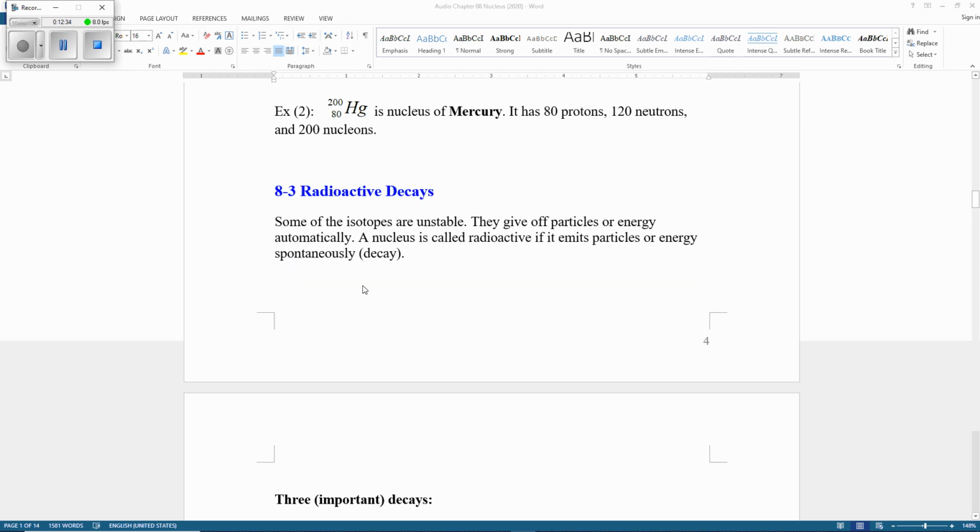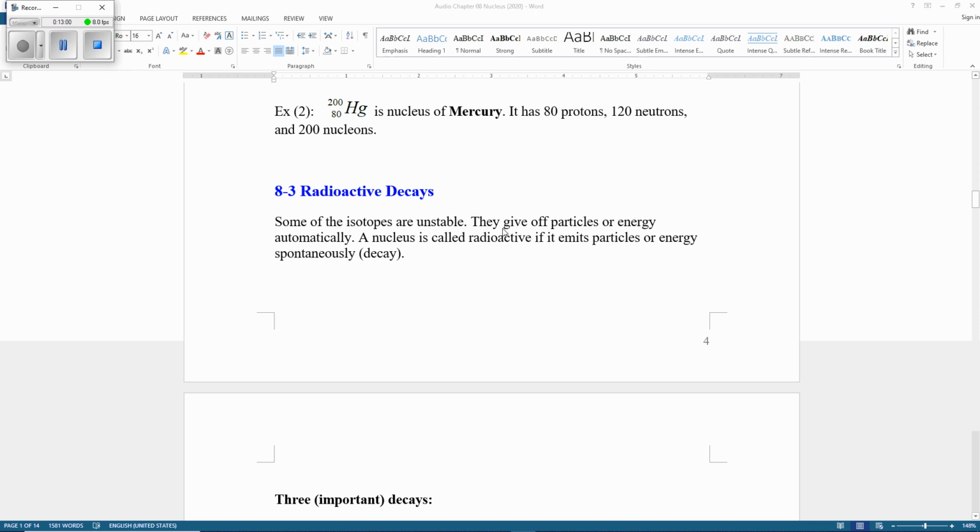Now, section 3, we're going to study radioactive decay. If I have a chance, I will give you some demonstration. Now, what is radioactive decay? Scientists find some isotopes are unstable. What do you mean, unstable?